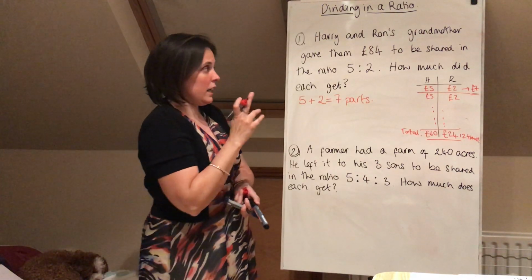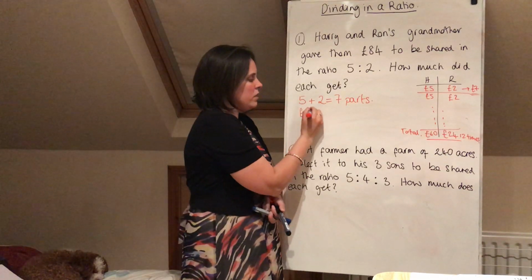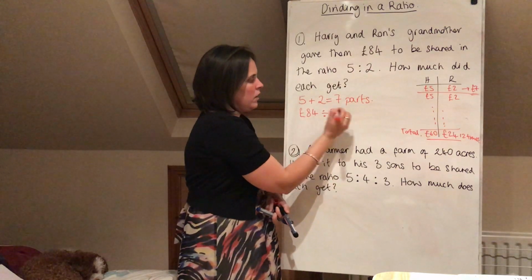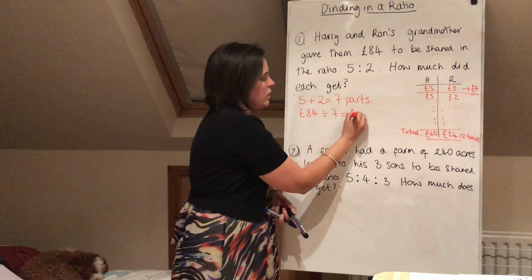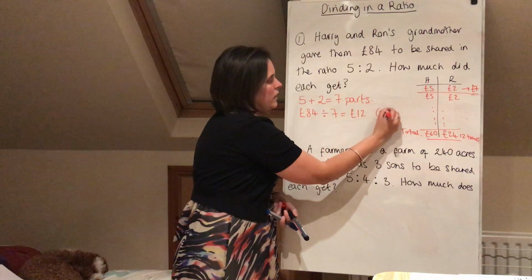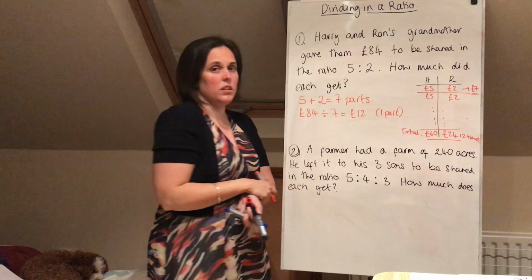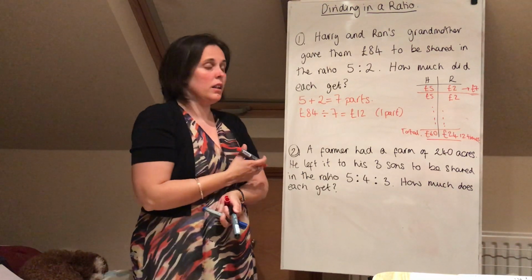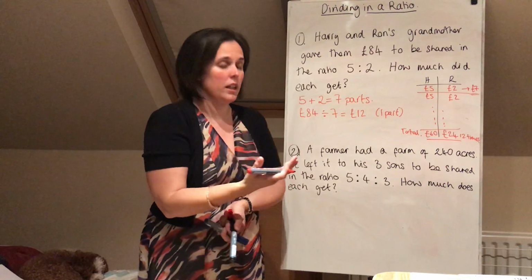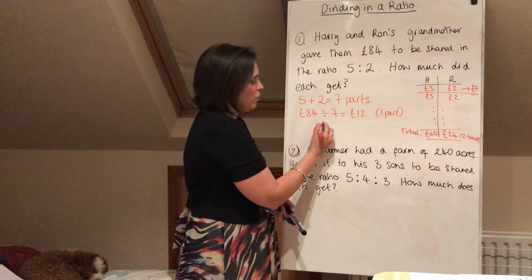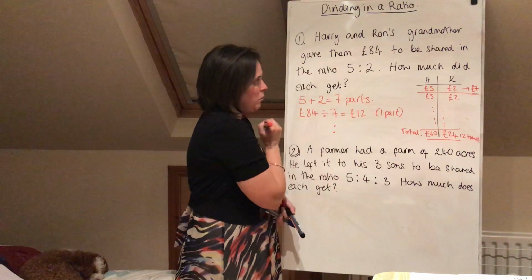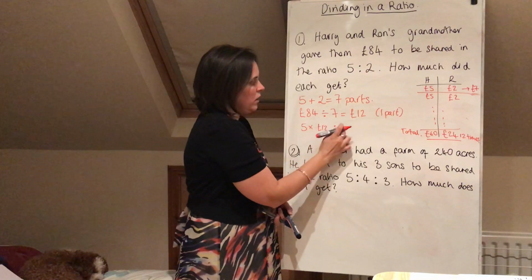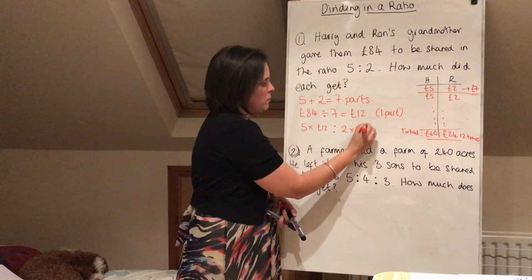Then we take our total, which is our £84, and we divide it by the 7, and that gives us £12. That tells us what one part is actually worth. Then we say, Harry has 5 parts and Ron has 2 parts. So we do 5 times our £12 and 2 times our £12.